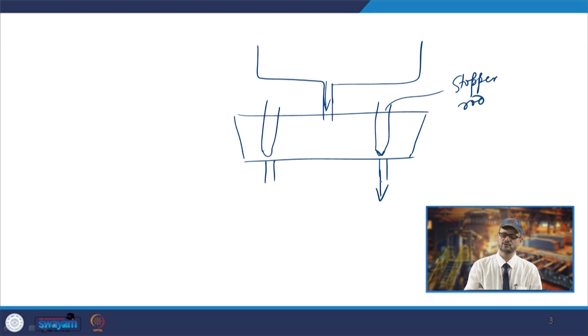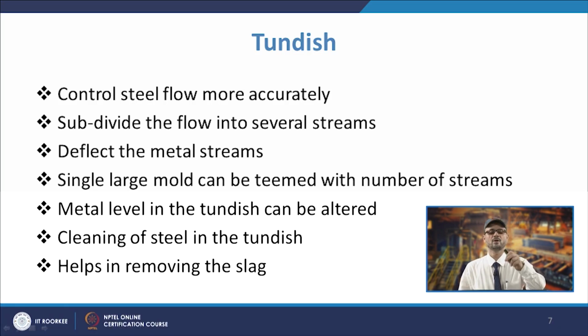From here it is going to the mold. This way it controls the quantity of metal which will be flowing into the mold.